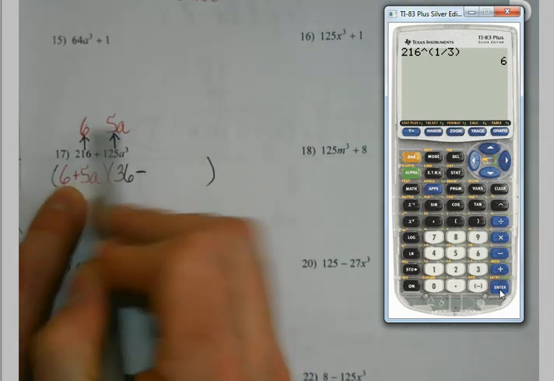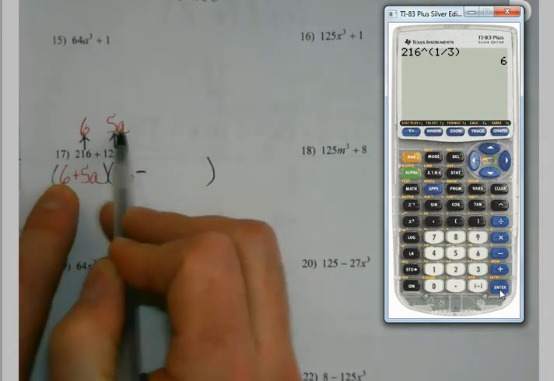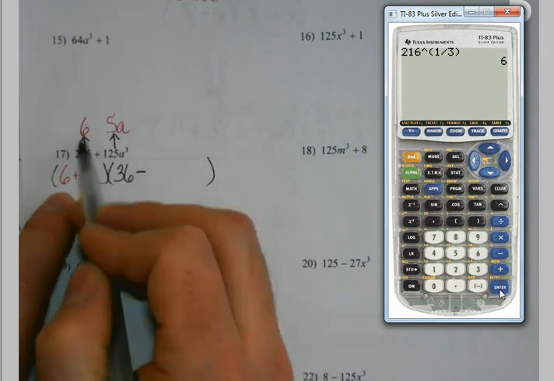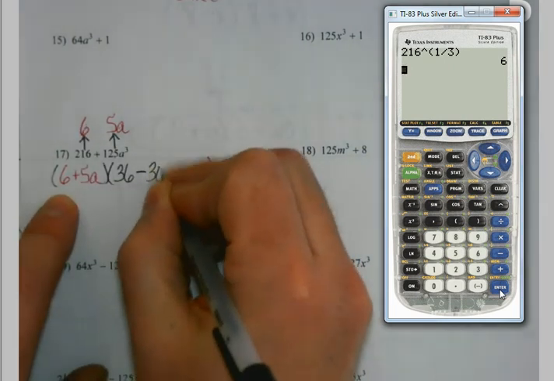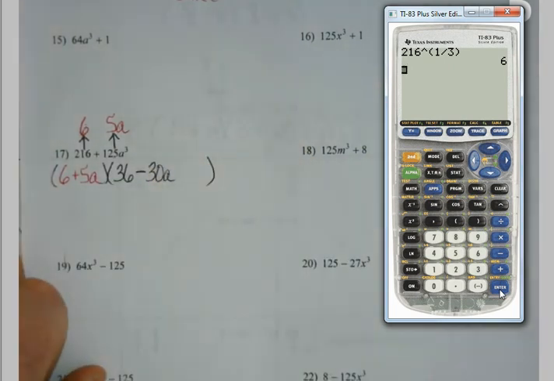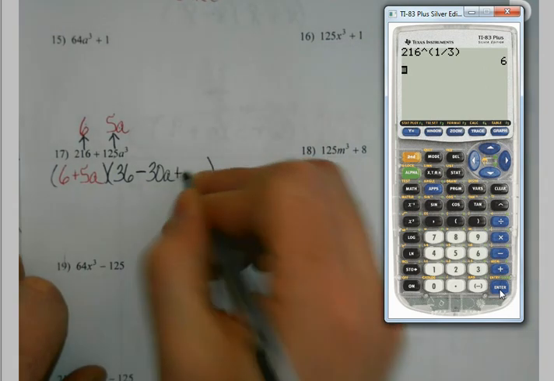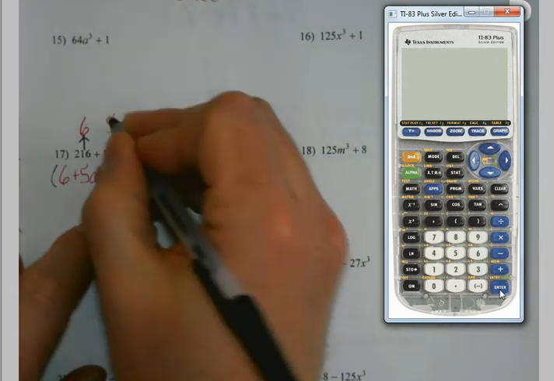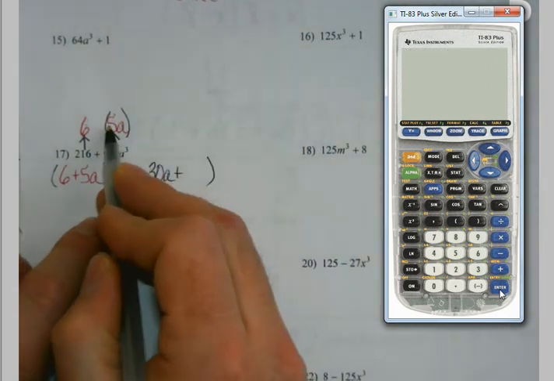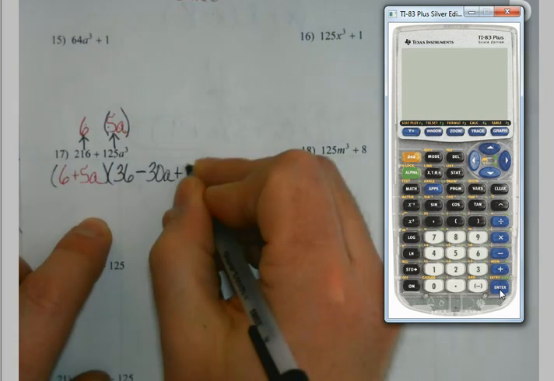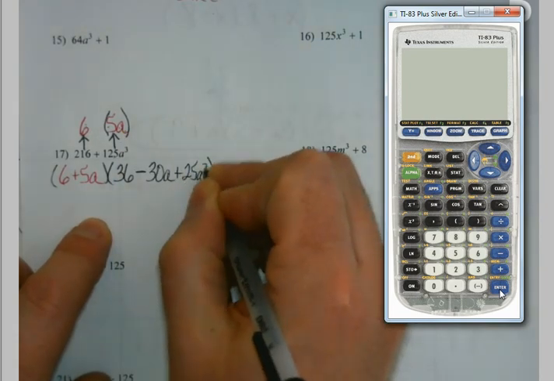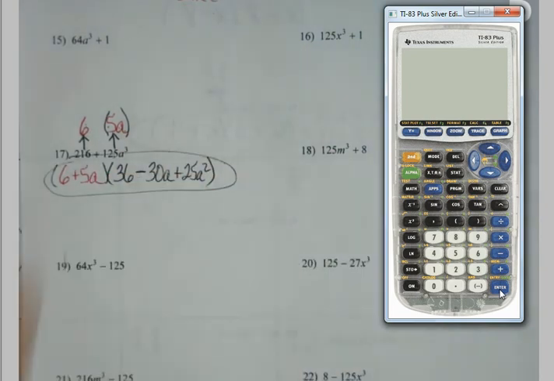I multiply my two cubic terms together here. So 6 times 5a is 30a. And then I square my last term, squaring the 5 and the a. And that's how my cubics work each time.